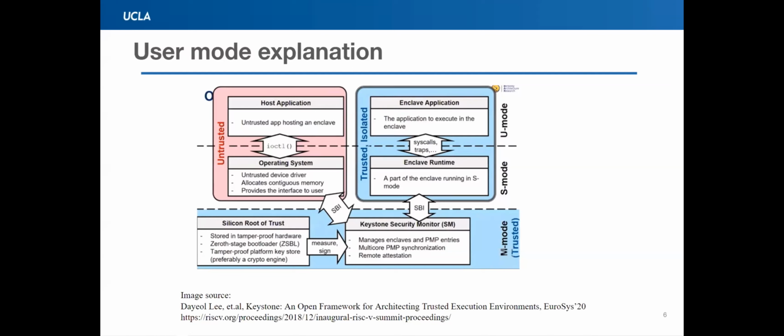The operating system part, along with the untrusted app hosting an enclave, is the untrusted part of Keystone. The security monitor in the M mode can generate a trusted isolation for the enclave application to be executed.